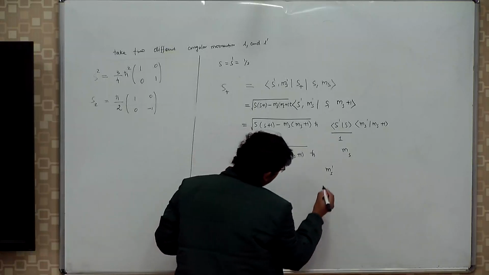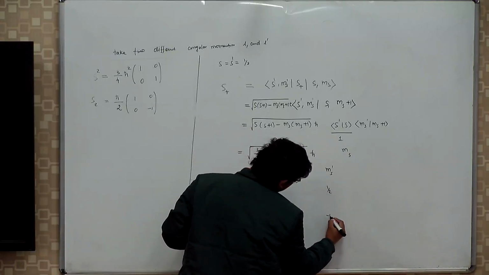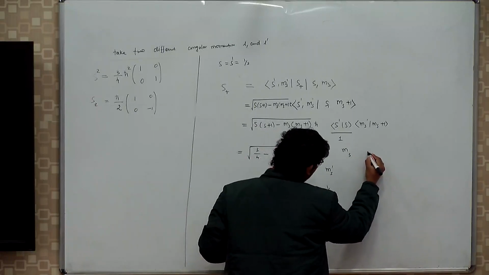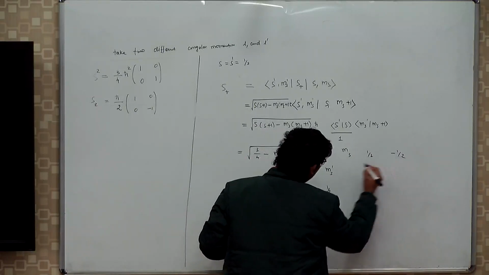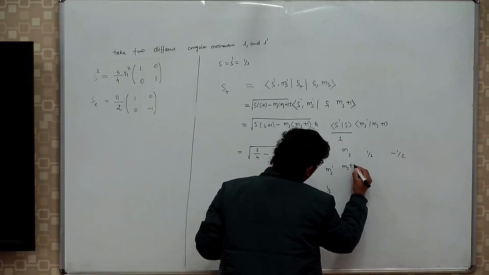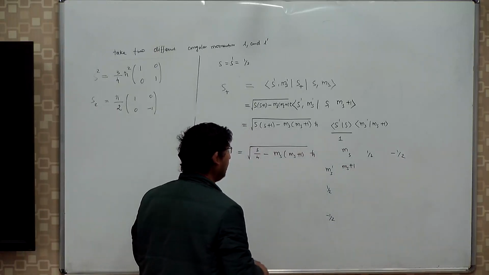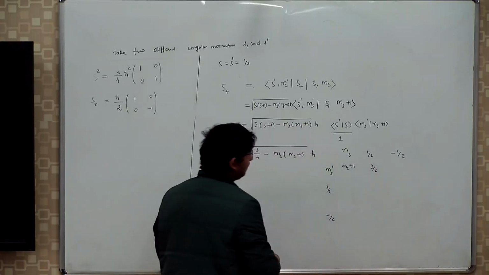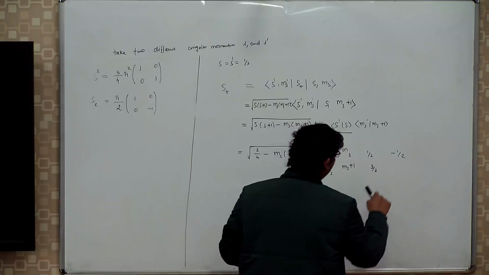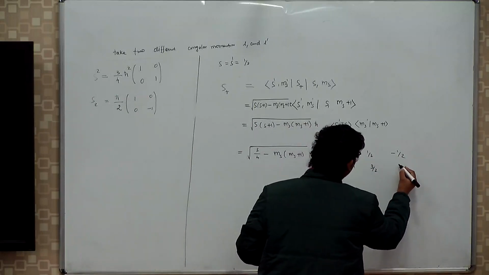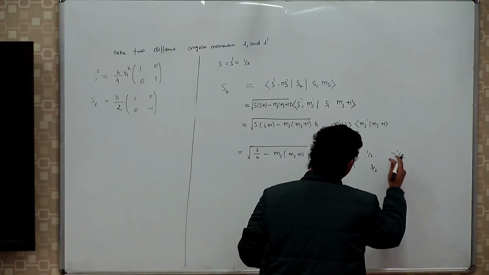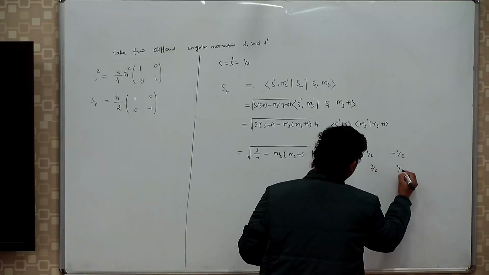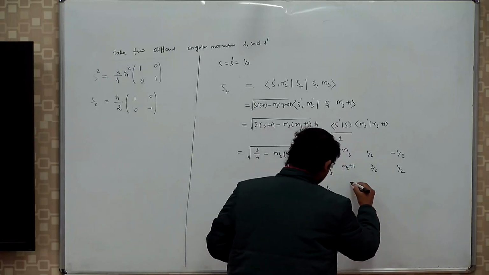The value of m_s dash is 1/2, -1/2, and m_s is 1/2, -1/2, and m_s plus 1, if we add, will be 3/2 here and 1/2 here.